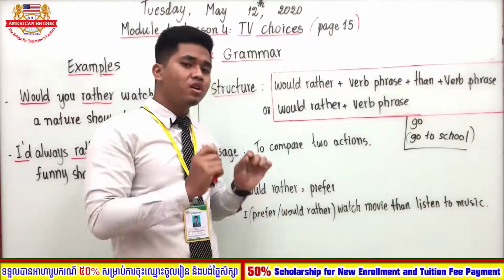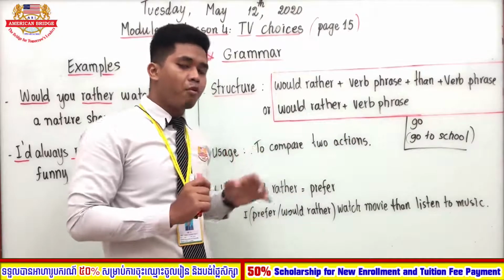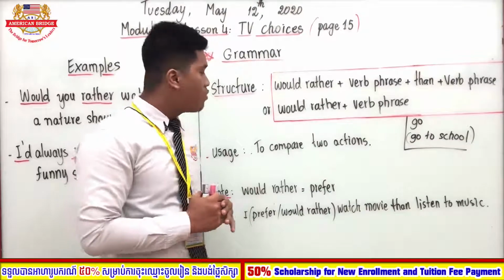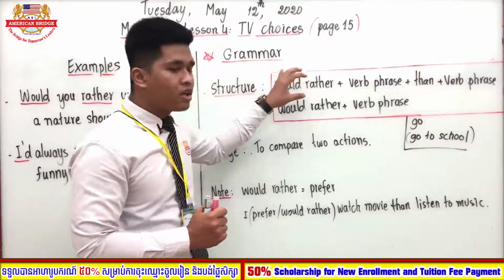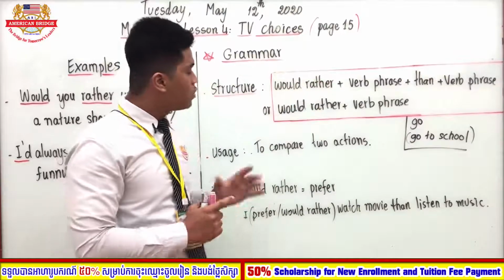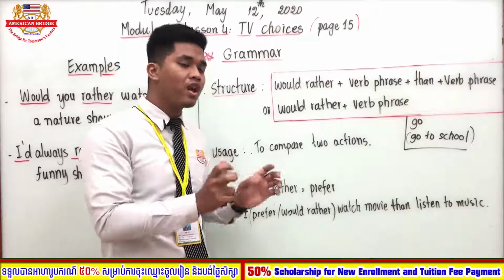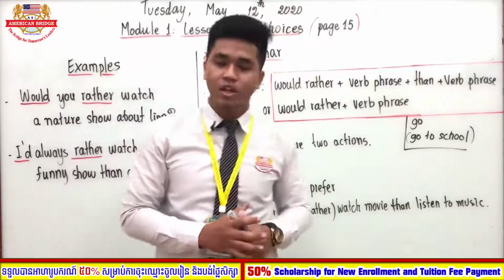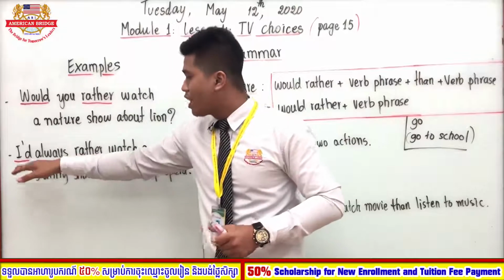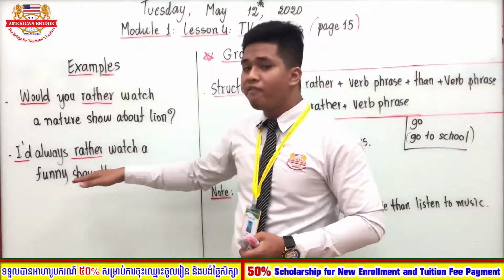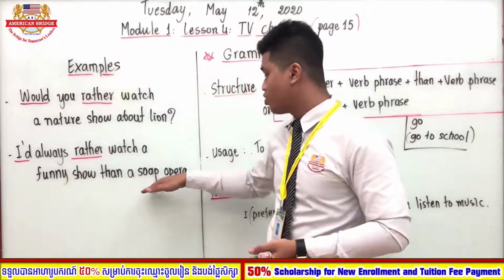Okay, why do you use this phrase would rather, everyone? We use the phrase would rather here to compare two actions. We compare them together. Let's look at the previous example here. I'd always rather watch a funny show than a soap opera.